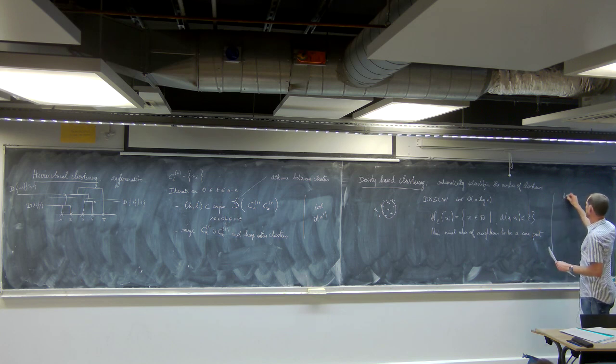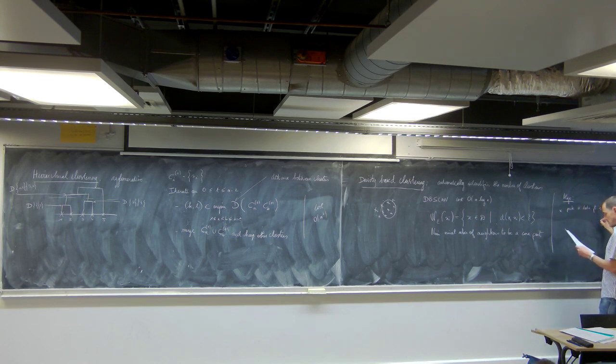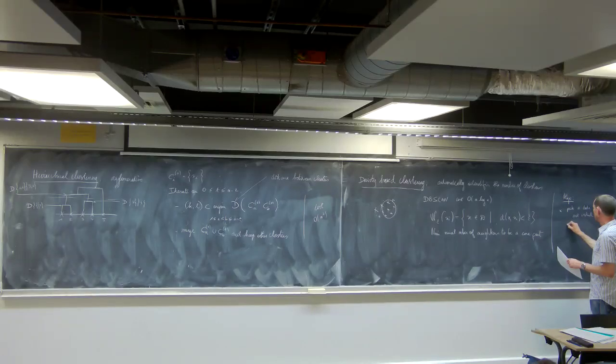Then the algorithm is the following: you pick a data point X which has not been visited, and you mark it as visited.